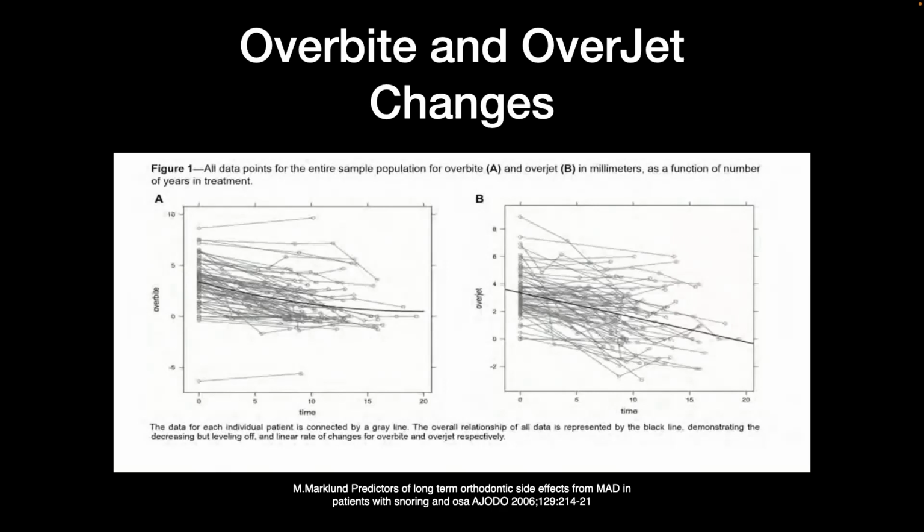The other thing when we talk about overbite and overjet is when we measure overbite and overjet, we're just looking at the mandibular anterior position. So is that just a tooth movement of the mandibular anterior teeth? Is it the whole block of the maxilla moving back and the whole mandible moving forward?